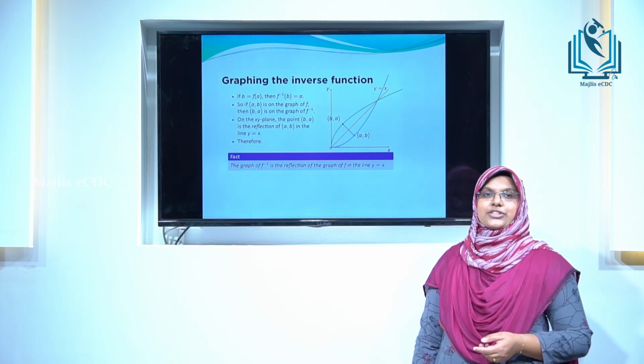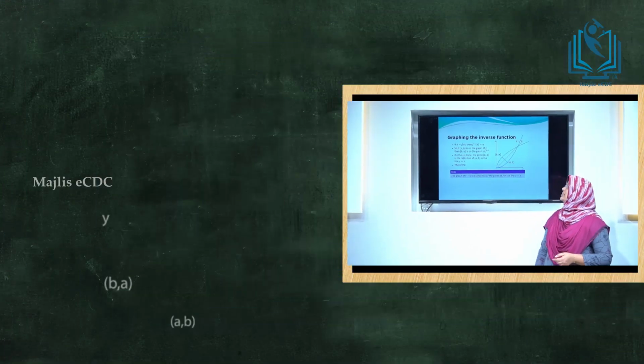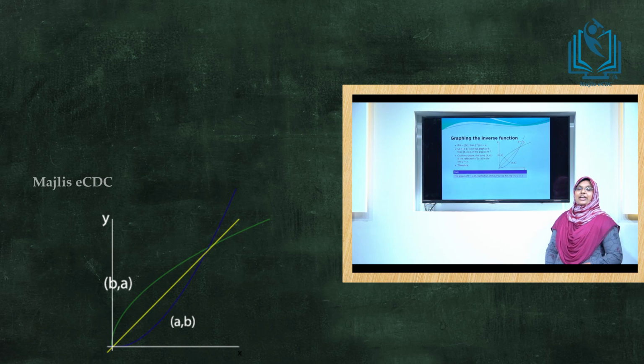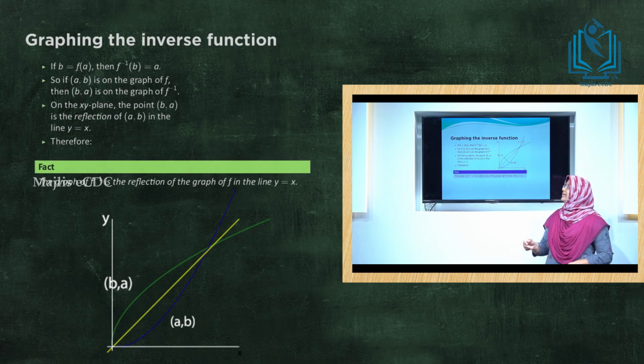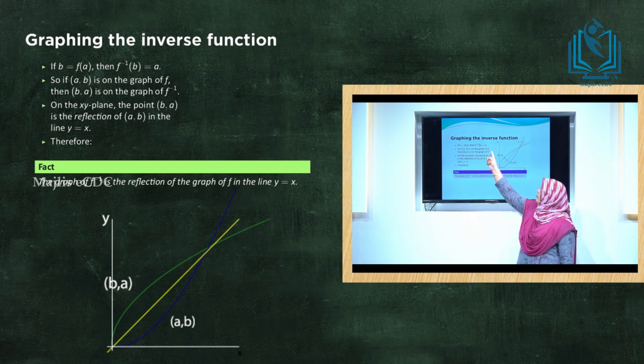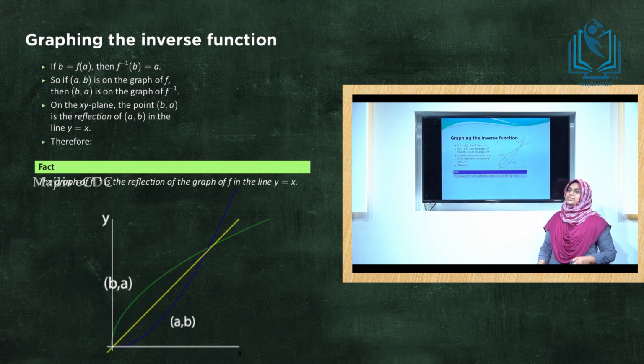Graphing the inverse function. If b equals f of a, then f inverse of b equals a. So, if (a, b) is on the graph of f, then (b, a) is on the graph of f inverse. Suppose the blue line represents the graph of the original function and the green line represents the graph of the inverse function.